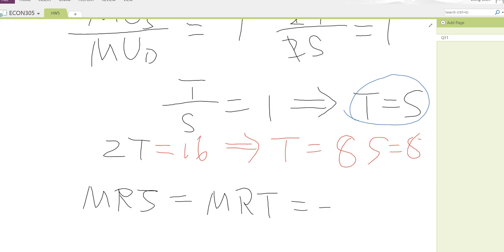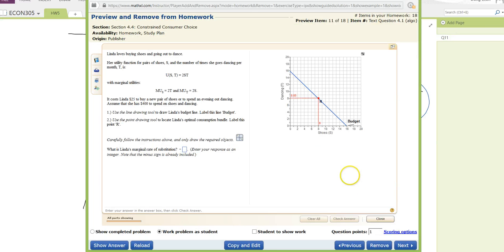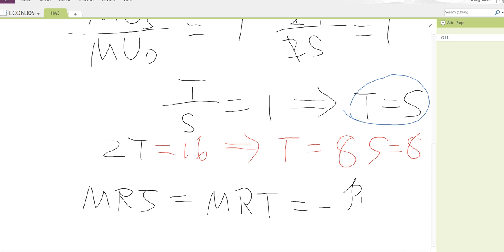And that further equals negative the price of the good on the horizontal axis, in this case the shoes, so that's P_S divided by P_T, and because both goods have the same price, this equals -1.